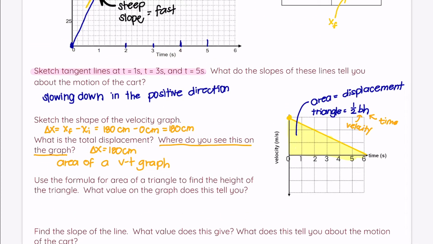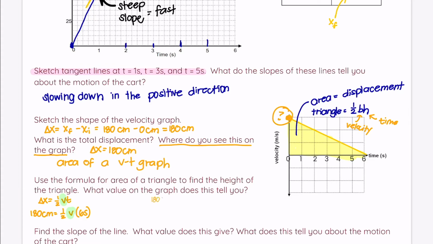And so now here we're going to find out what this number is, because we don't know what that is. We're going to use this formula, delta x is equal to 1/2 V t. So 180 centimeters is equal to 1/2 V times 6 seconds. And remember that V is the one that we don't know, right? So this is going to be our unknown, and we're trying to use algebra to find out what it is.